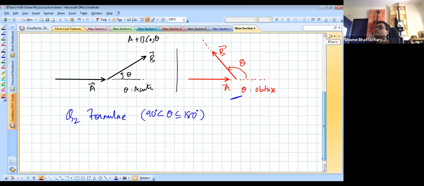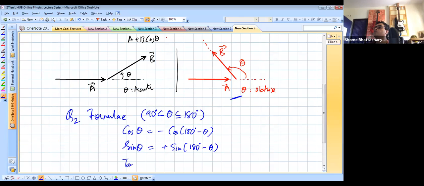So for that, the formula we had seen was that cos theta is equal to minus of cos 180 minus theta, whereas sin theta is positive of sin 180 minus theta. And if required, but we don't need it in this section, tan theta is again negative of tan 180 minus theta.